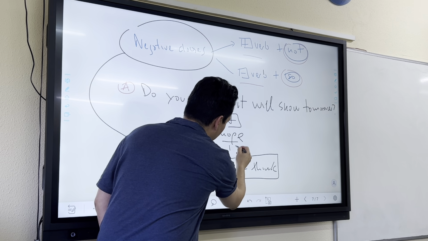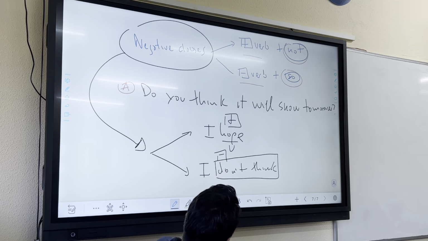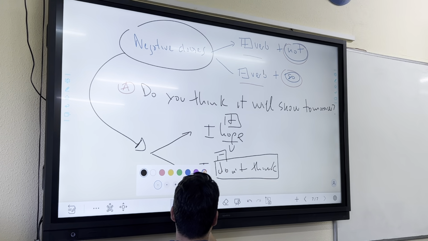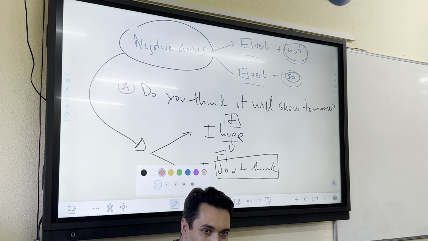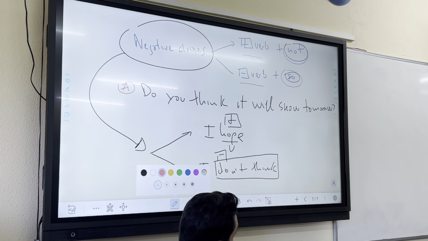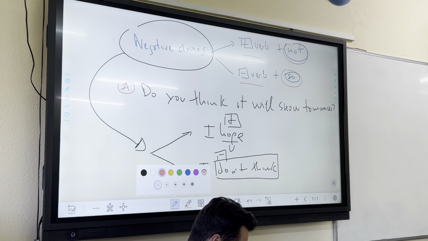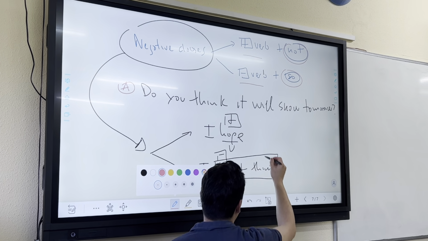However, this verb is positive, and this verb is negative. So, do you think it will snow tomorrow? And you don't want it to snow. You want to be negative. So, espero que no. How do you say espero que no? I hope not.